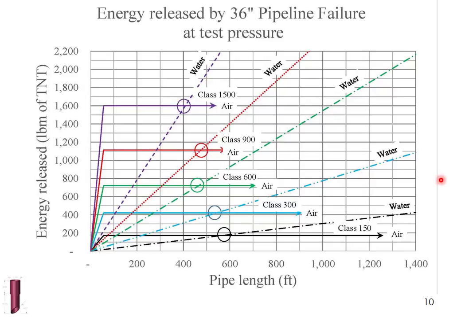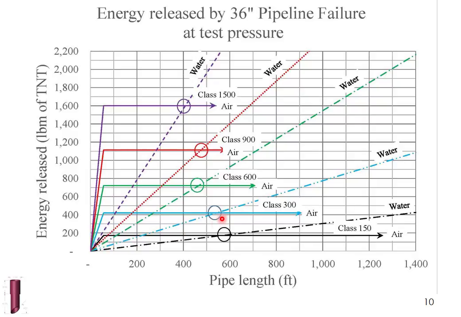Here's some examples of various tests using the standard pressures for a class 1500 test or 900 or 600. We do a lot of class 300 stuff in the San Juan Basin. So if I do a class 300 test with air and it's 50 feet long, then I have a definite preference for using water. I got a lot more energy in the gas, in the air, than I do in the water.